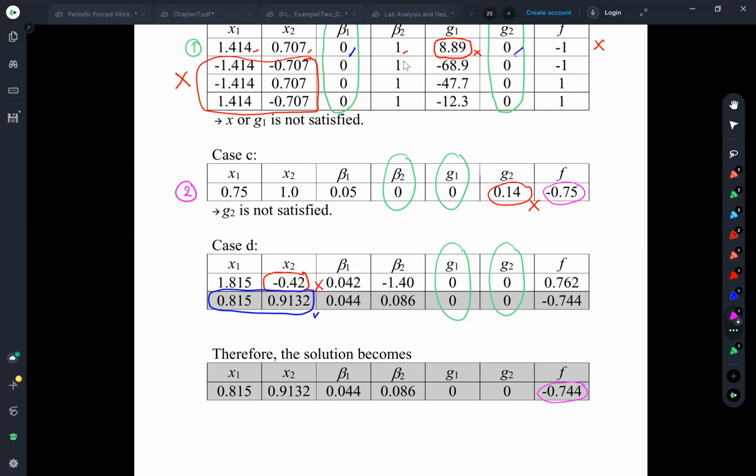Okay, I hope you might feel a little bit about what we are doing. However, there's one thing that I would like to discuss a little bit about: the Lagrange multipliers, the betas. What is the physical meaning of them?